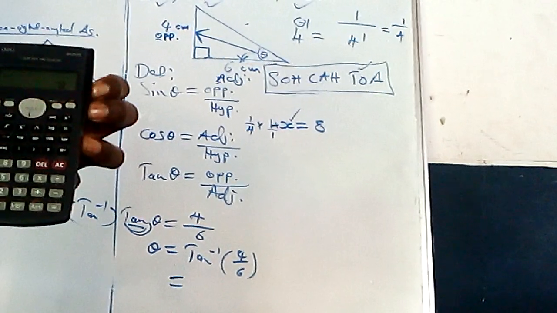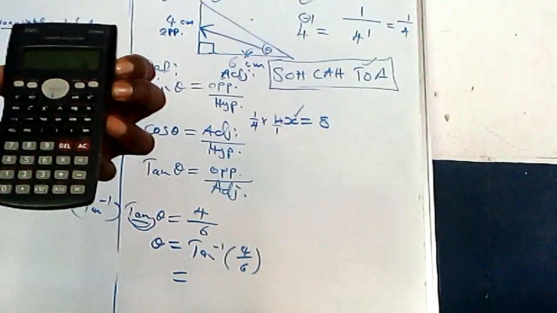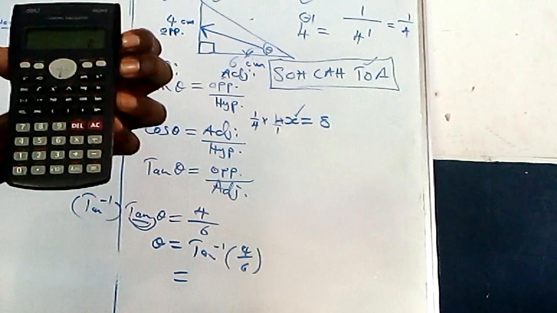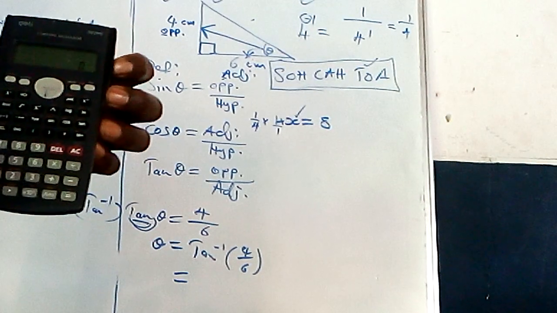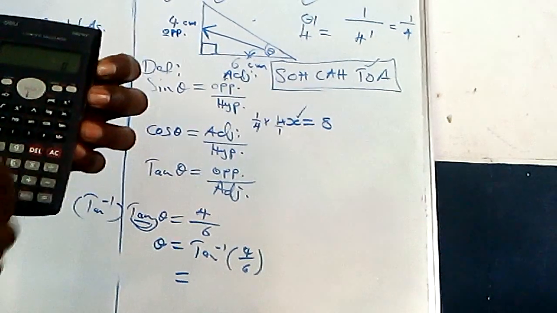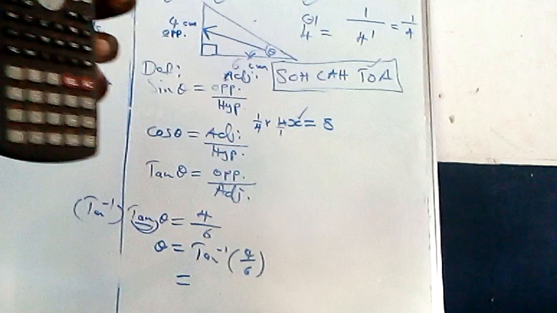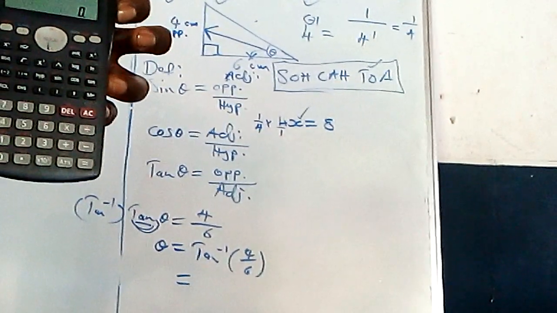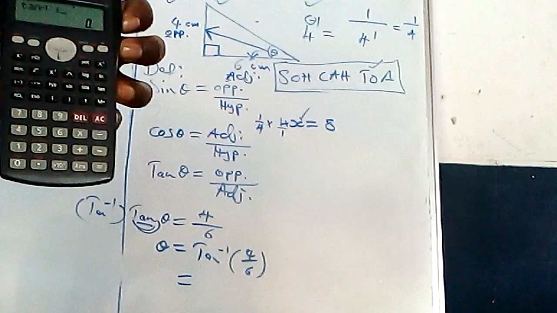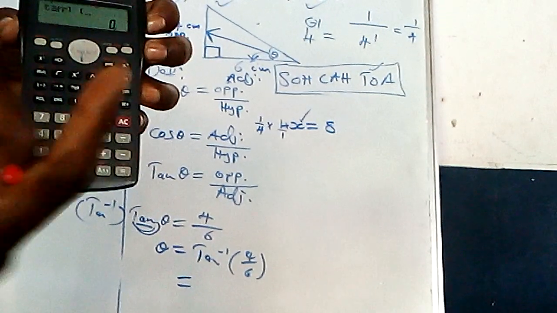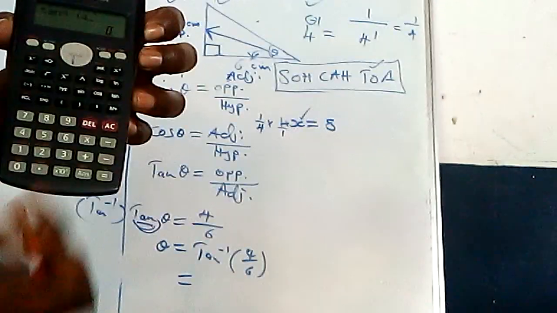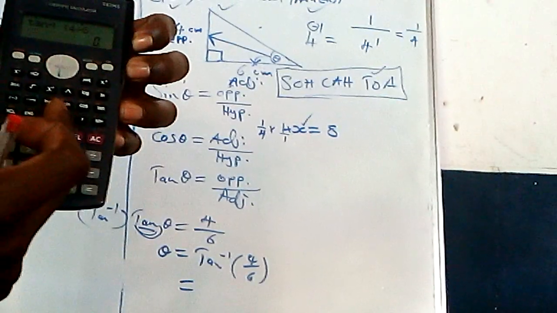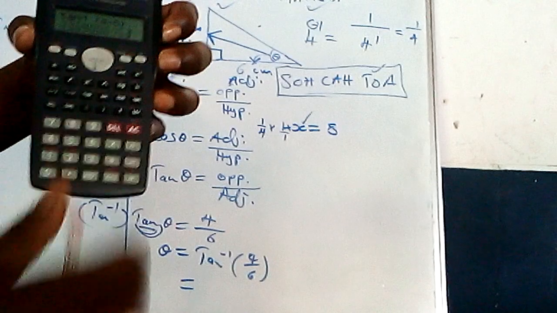The moment you press it, you're going to see the letter S just on top of the screen. Then you go to the tan button, as you can see here. From there, you can use your brackets, no problem. We've got 4 divided by 6. You can use this one, no harm. You divide by 6, then you close the bracket. Then you go to your equal sign button.